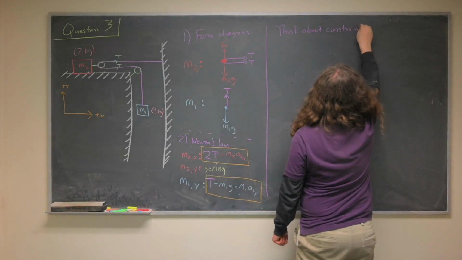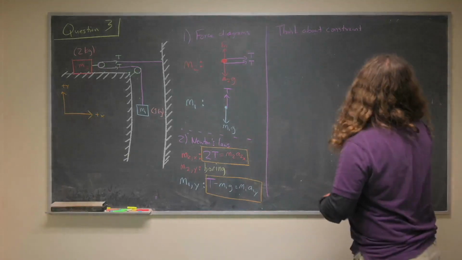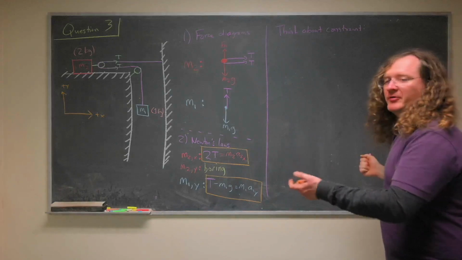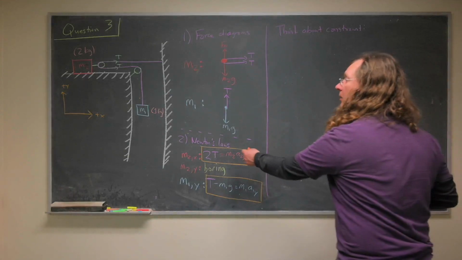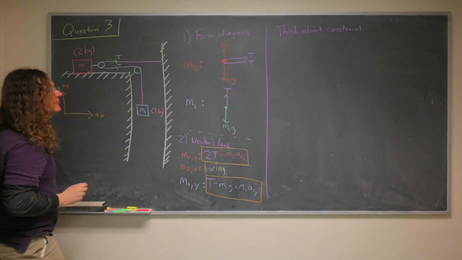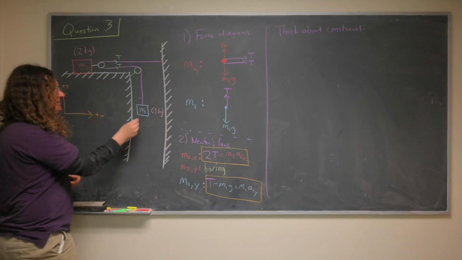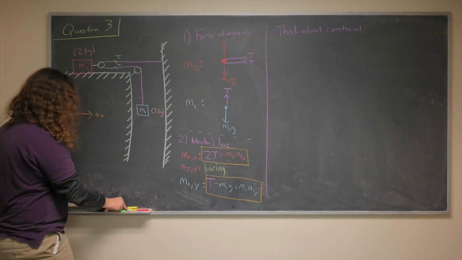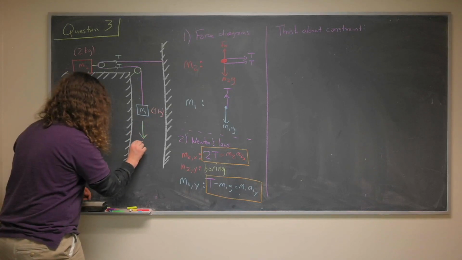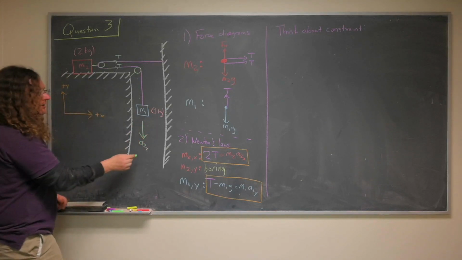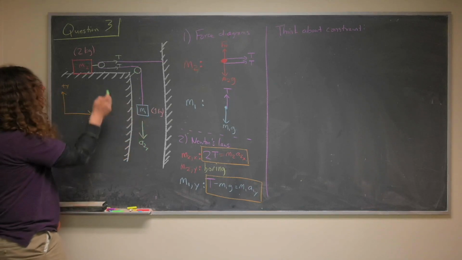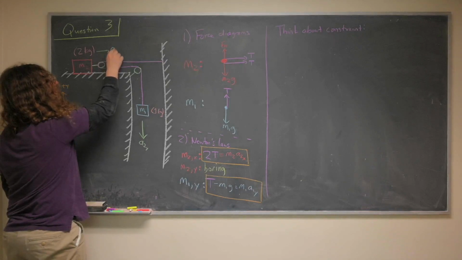A constraint is just a condition that says that one thing must move in the same way that another thing moves, or one thing must move in a certain way. Here I know this one is going to move to the right half as fast as that one moves down. Or another way to say it is this acceleration, A1y, is going to be negative and twice the magnitude as A2x.